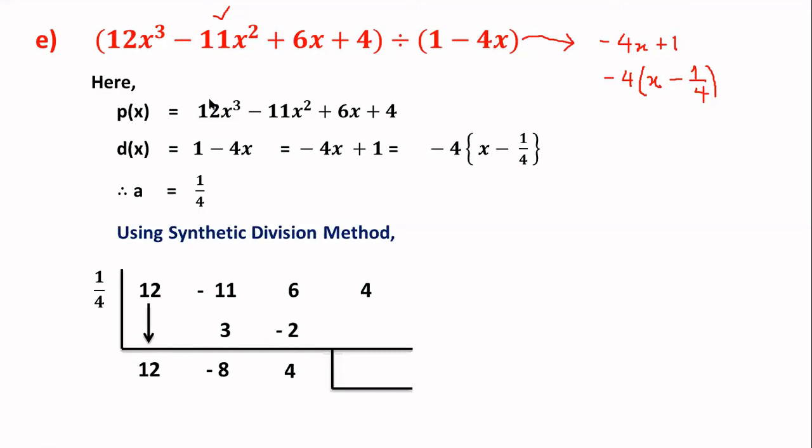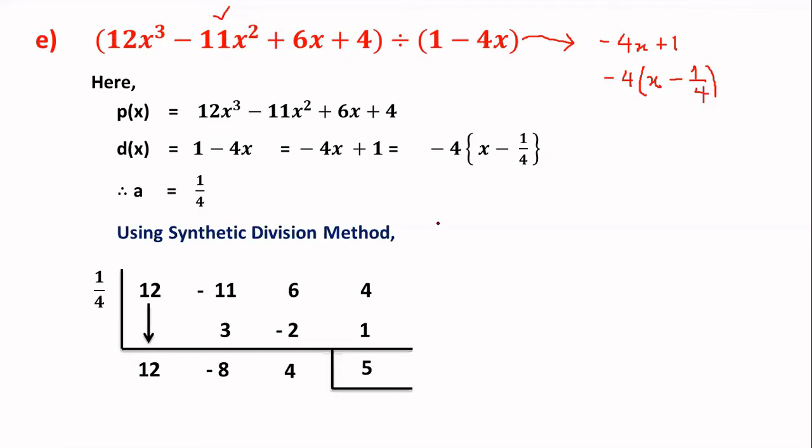When we multiply that, we get 1, and that 1 we write below the last constant of 4, and 4 plus 1, the value will be 5. So in this way, we have listed all the coefficients that are going to be of Q(x), and similarly we have got the value of the remainder.